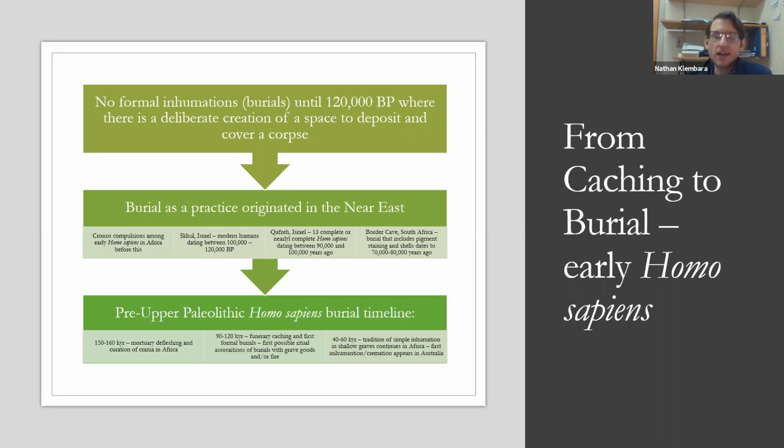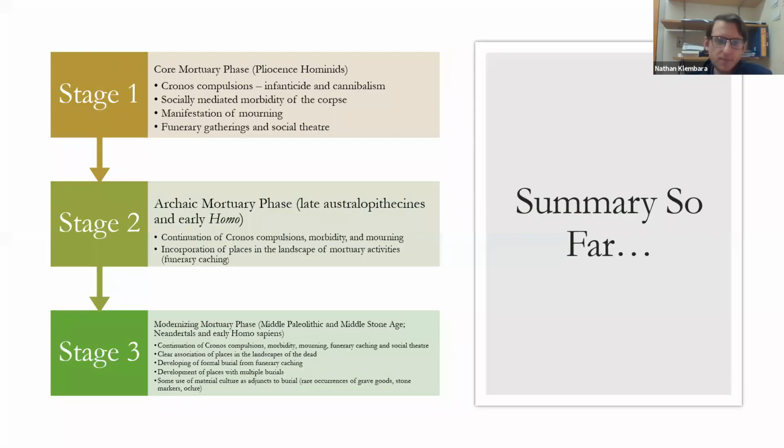We're still seeing this development of these morbidity behaviors, these treatments of the body, associating places with landscape, and that the origins of burial as the predominant human funerary practice is taking place over tens and tens of thousands of years, right?